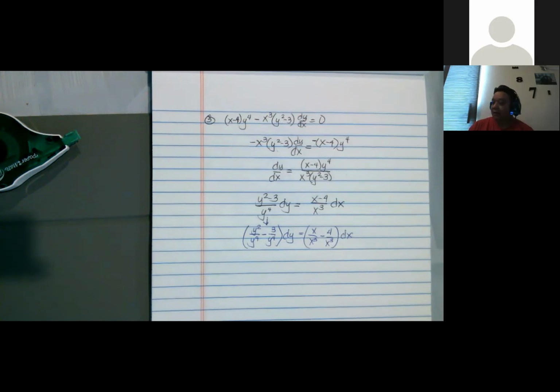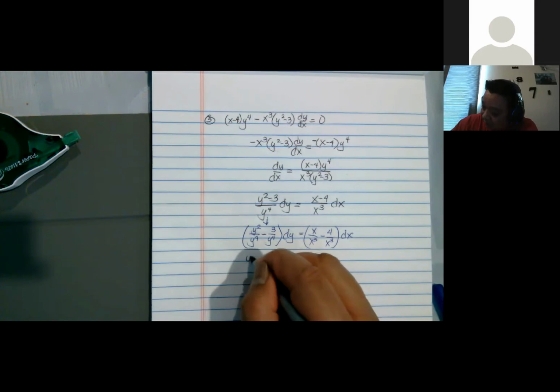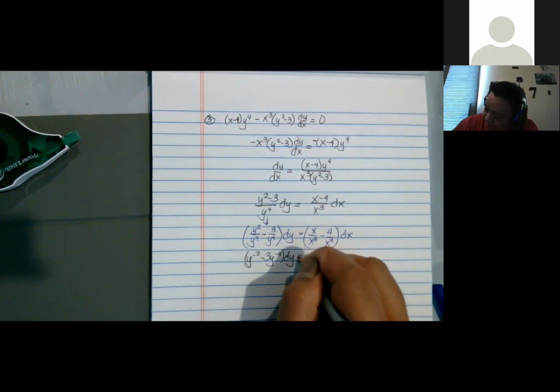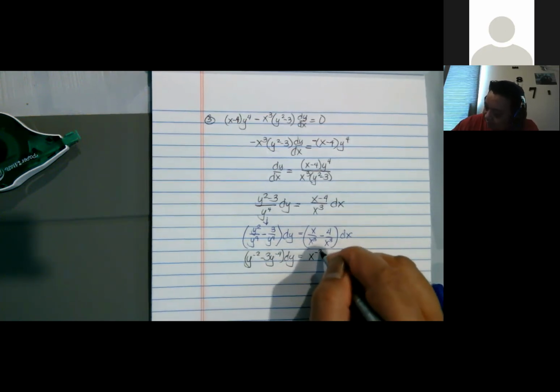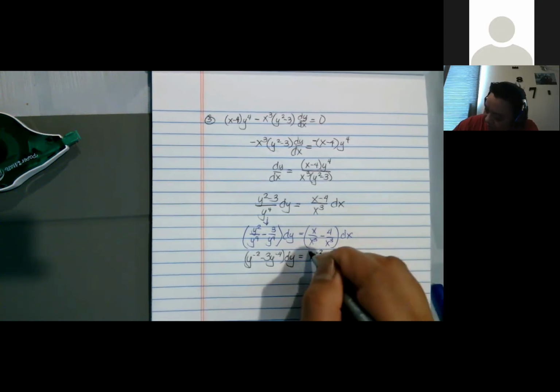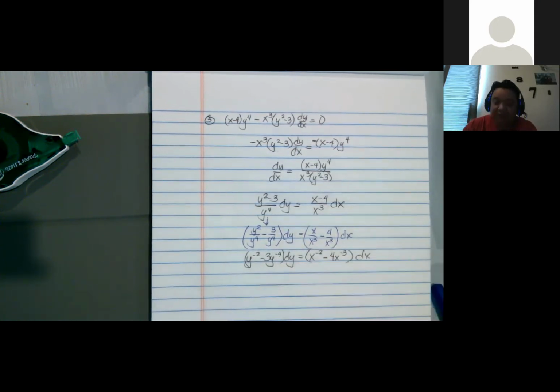Okay. And then what you have is a power rule. So this is (y⁻² - 3y⁻⁴) dy is equal to (x⁻² - 4x⁻³) dx. And then now it's a power rule for each one.